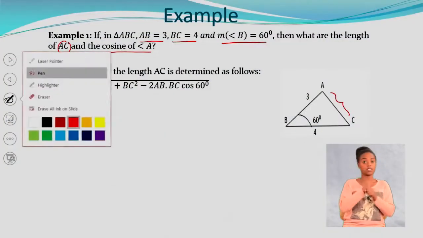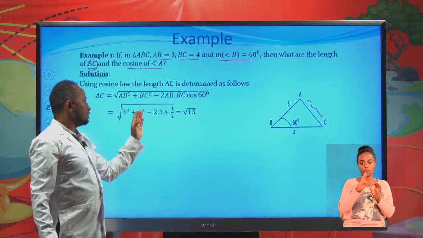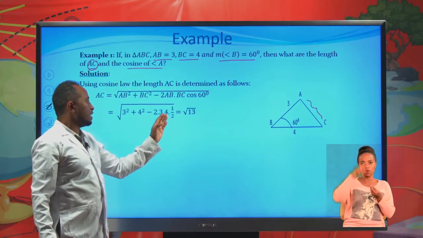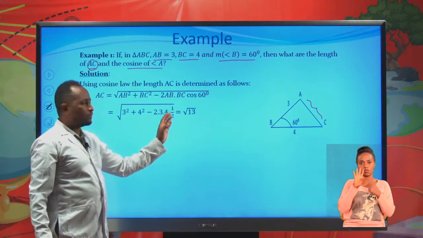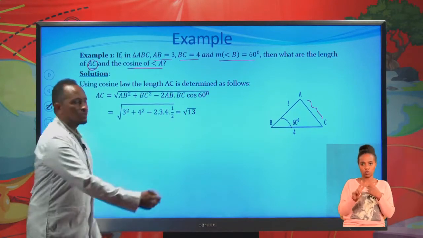Substituting the values, AB is 3 squared, BC is 4 squared, minus twice of 3 times 4 times cosine of 60, which is a half. When you evaluate this, you get square root of 13.